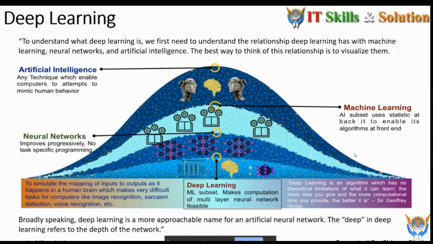Okay, so this is not our concern. Our main concern is that we already have knowledge of machine learning. We already know what machine learning is. So what is the need of deep learning? And what are the things which are enhanced or improved in deep learning? Okay, so I will talk about this.